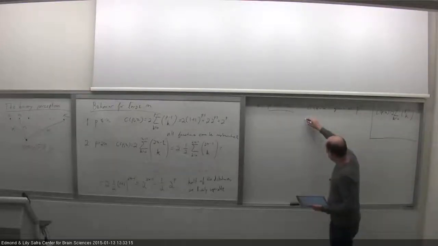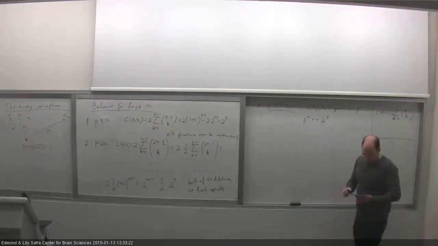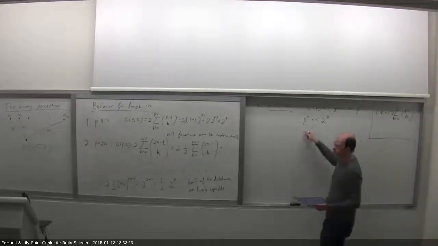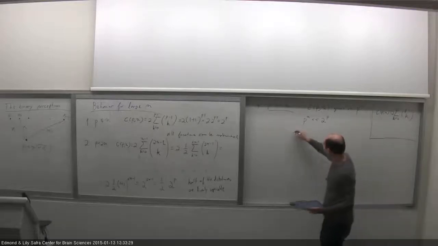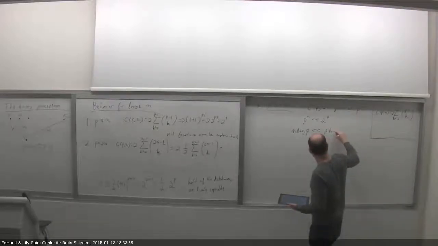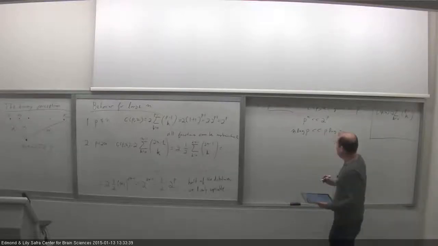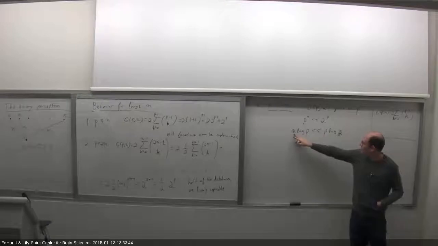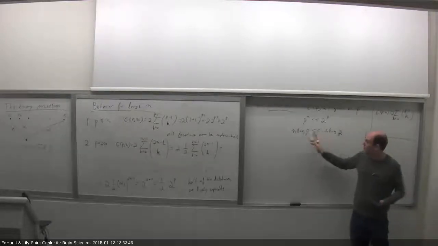And what I claim is that p to the n is much smaller than 2 to the power p. Why do I say this? Let's take the log of these two expressions. Logs are never large numbers. What matters here is that we assume p is much larger than n.